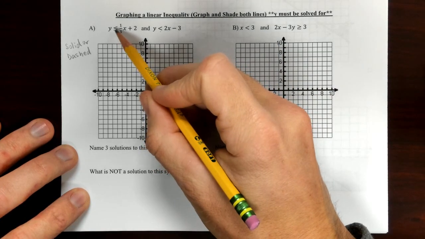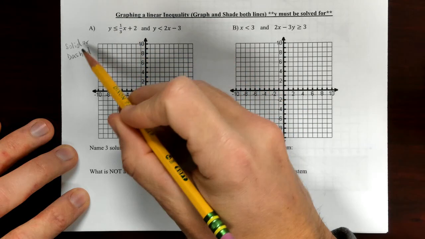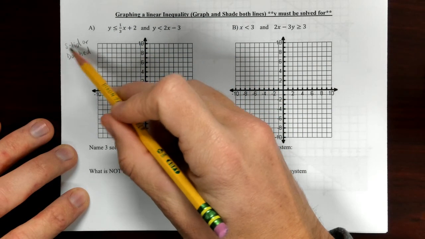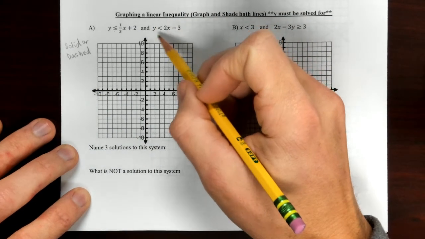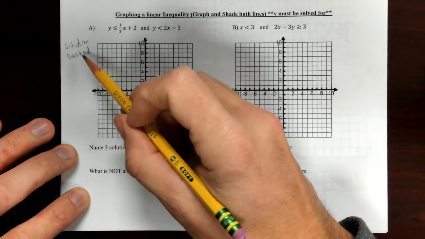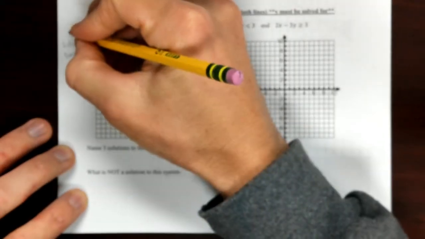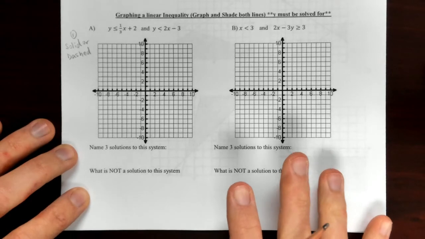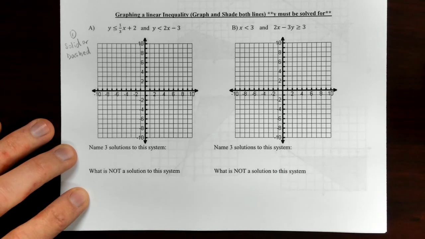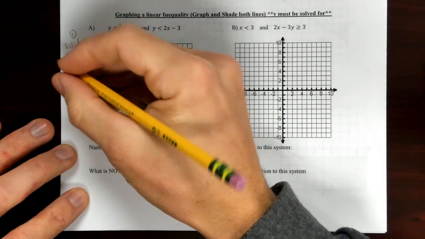If there is a line underneath my inequality, I make a solid line. If there is no line underneath my inequality, it is not equal to, therefore it has to be a dashed line. So the first difference, everything else being the exact same as graphing a linear equation, is whether it's a solid or a dashed line.